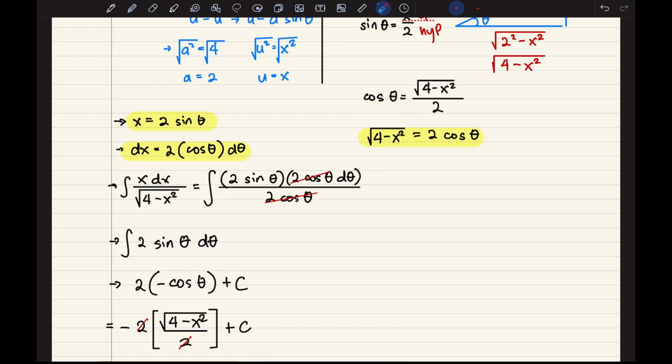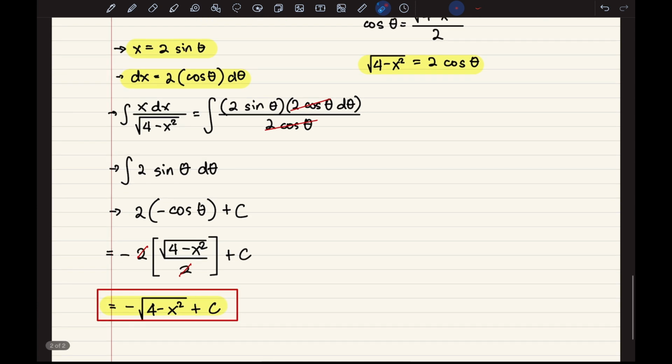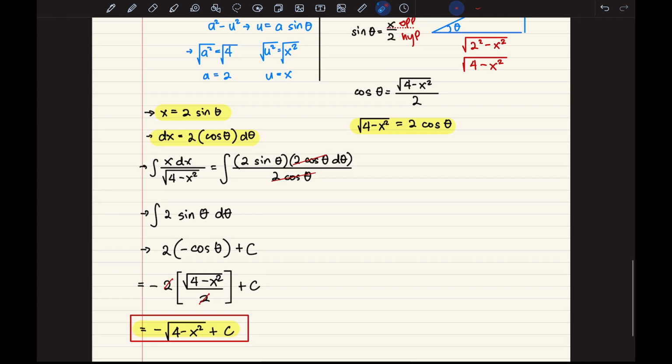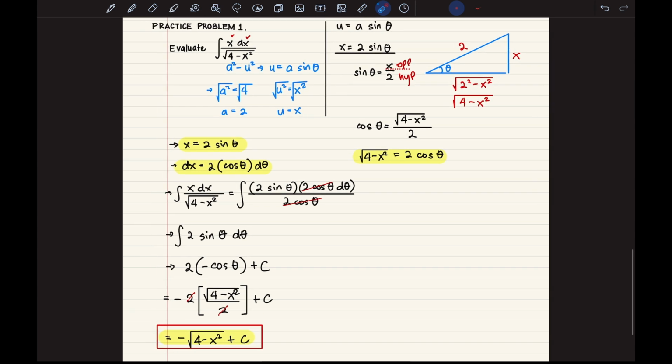So we replace cosine theta with this value, and the 2's will cancel each other out. We are left with the answer negative square root of 4 minus x squared plus c. So this is now the answer to practice problem number 1.